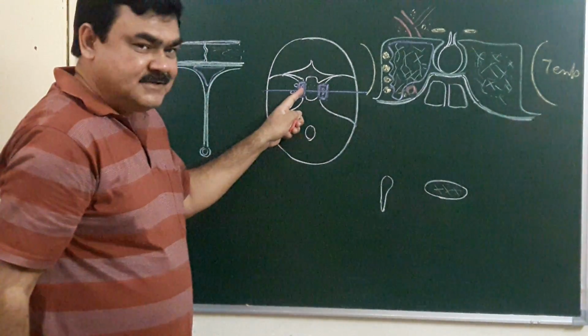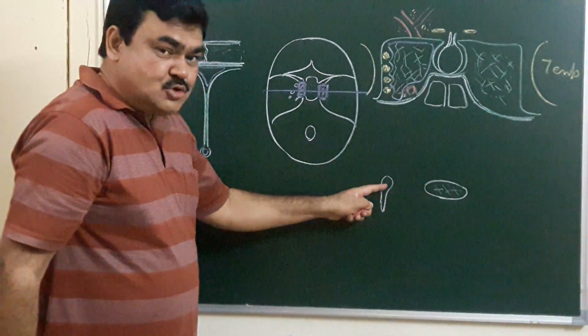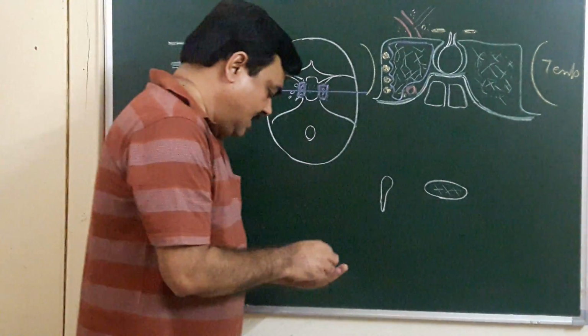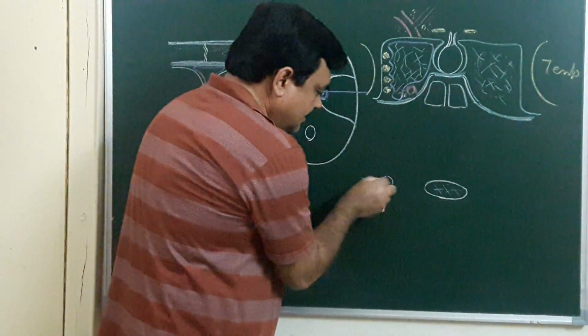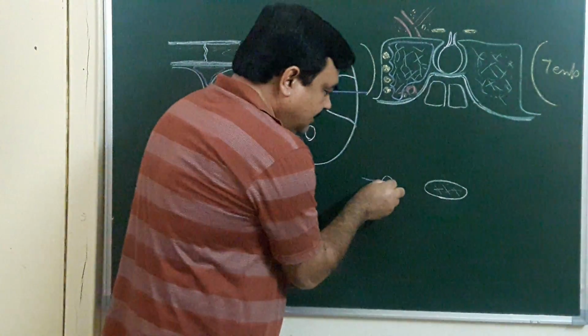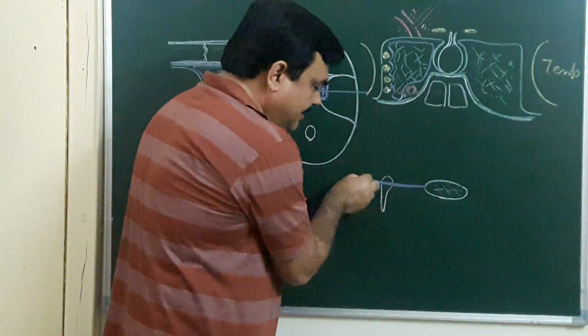Through the superior orbital fissure, there is a vein, the superior ophthalmic vein.